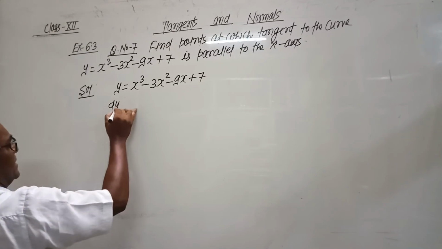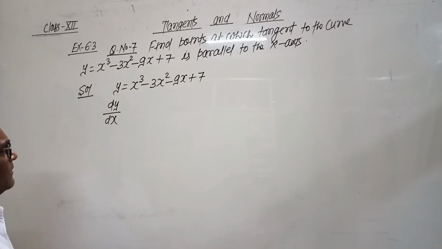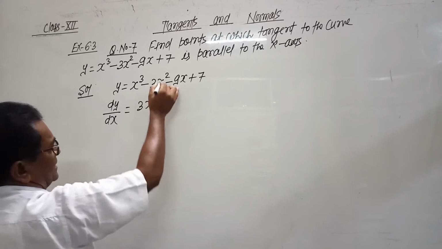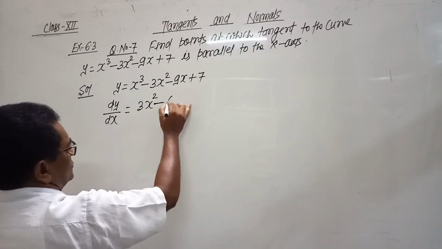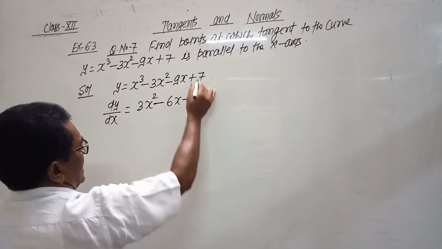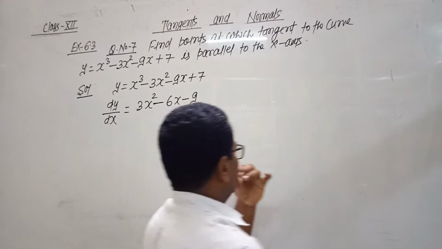We calculate dy by dx, which means the slope of the curve. So this is 3x square minus 6x minus 9, since differentiation of x square is 2x, and differentiation of 7 is 0.